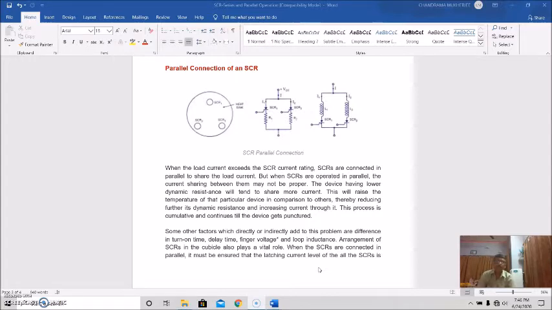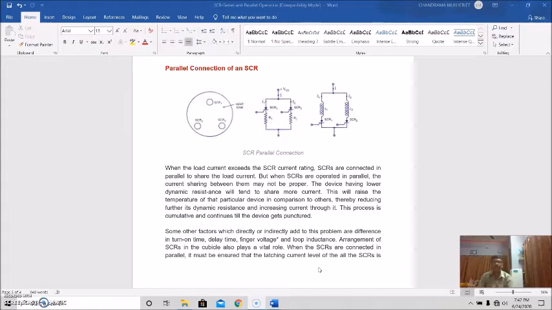But when HCRs are operated in parallel, the current sharing between them may not be proper. In that case, the device having lower dynamic resistance will tend to share more current, and this will raise the temperature of that particular device in comparison to others, thereby reducing its dynamic resistance further and increasing the current.